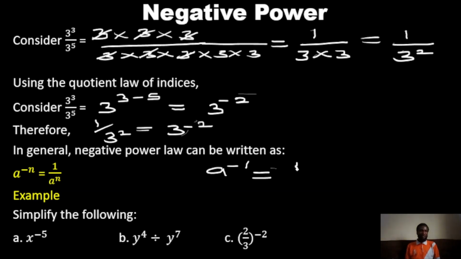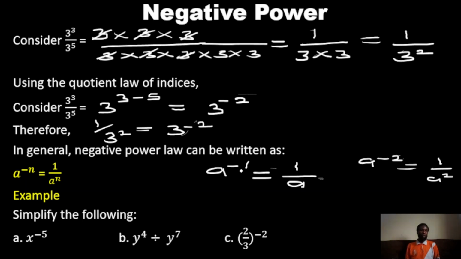So that will give us 1 all over a, whereby the power of a is still 1. So a raised power of minus 1 will give us 1 over a. The same way, a raised power of minus 2 will give us 1 over a raised power of 2.